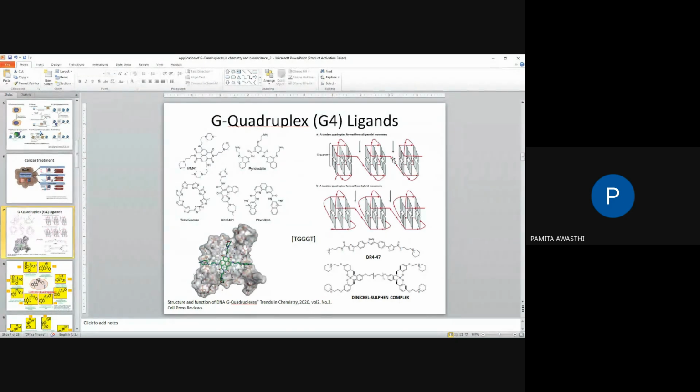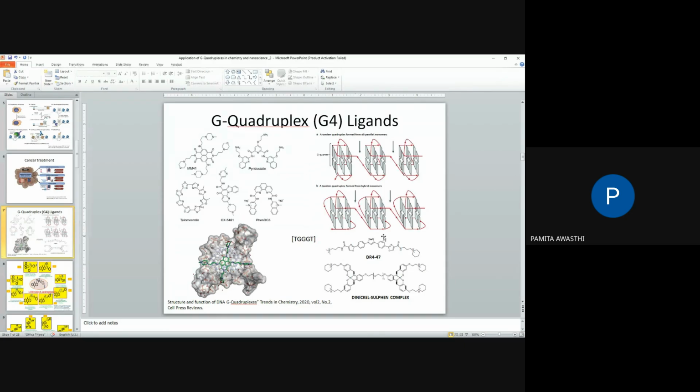So dimer and monomers means that where there is one nucleotide unit or one strand of DNA which is getting folded into a G quadruplex, and in dimer the two units are folding in the form of a quadruplex, two strands, and in case of trimer, three, and in case of tetramer, four.